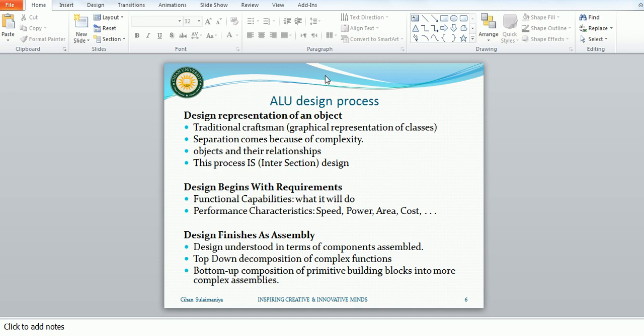For the arithmetic logic unit design process, there are three stages. First of all, we have design as a representation of a project. Secondly, design begins with requirements. Thirdly and finally, design finishes as an assembly. So how do you design an arithmetic logic unit?